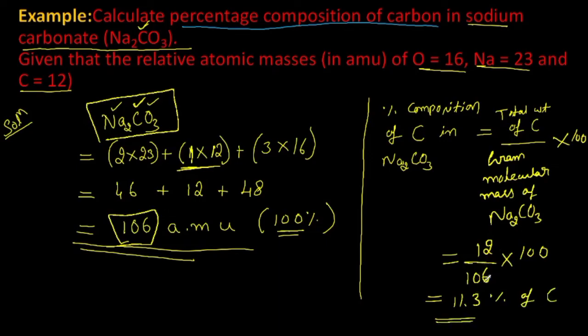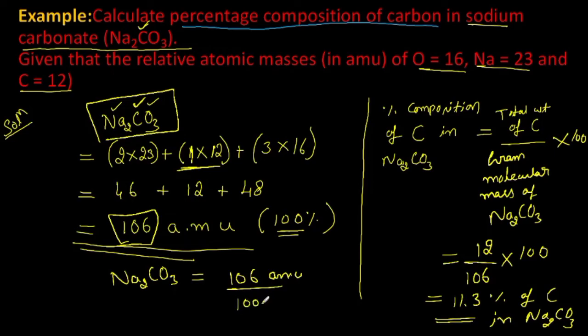So now on simplifying it, we have got 11.3% of carbon in sodium carbonate, that is Na2CO3. So if I write that here, the total molecular formula, that is Na2CO3, its molecular mass is 106 AMU. We considered it as 100%.